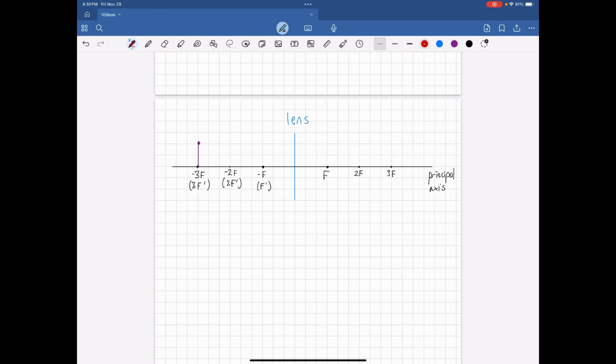And what we do is we draw three rays of light. Now, of course, there's an infinite number of rays of light coming from it, but we're just going to choose three. We always do one parallel to the principal axis. We're going to create a set of rules around these in a moment.